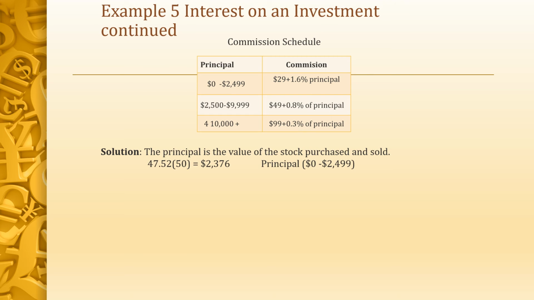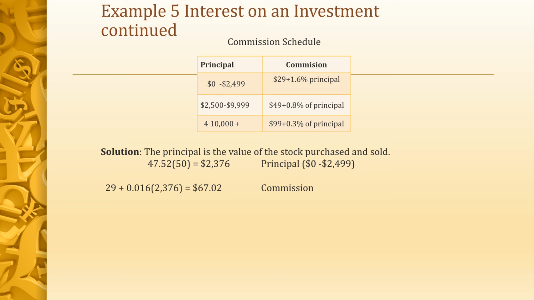This is the schedule. Since the person has purchased 50 stocks at the rate of $47.52, the amount he has spent on purchasing these stocks will be $2,372, and that will be our principal amount. So this principal amount lies in this interval between 0 to 2,499, which is the first row, and hence the commission has to be calculated like this. $29 flat plus 1.6% of the principal.